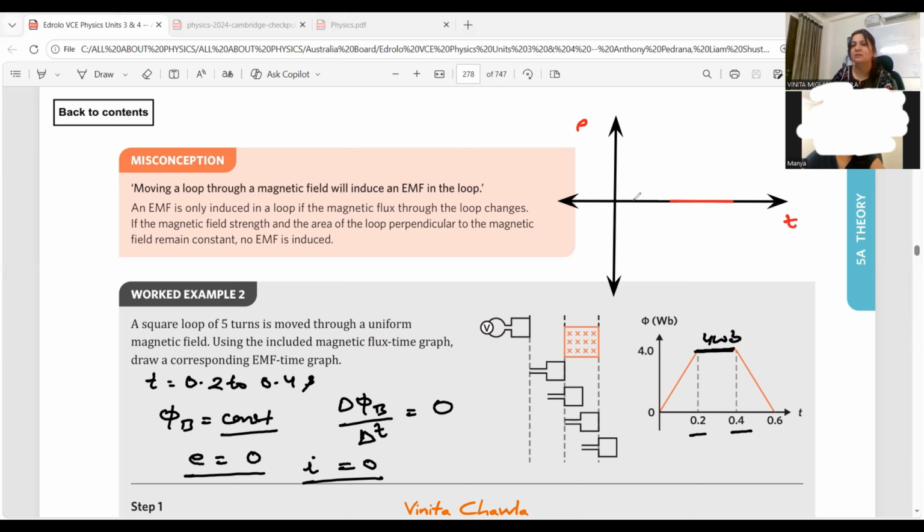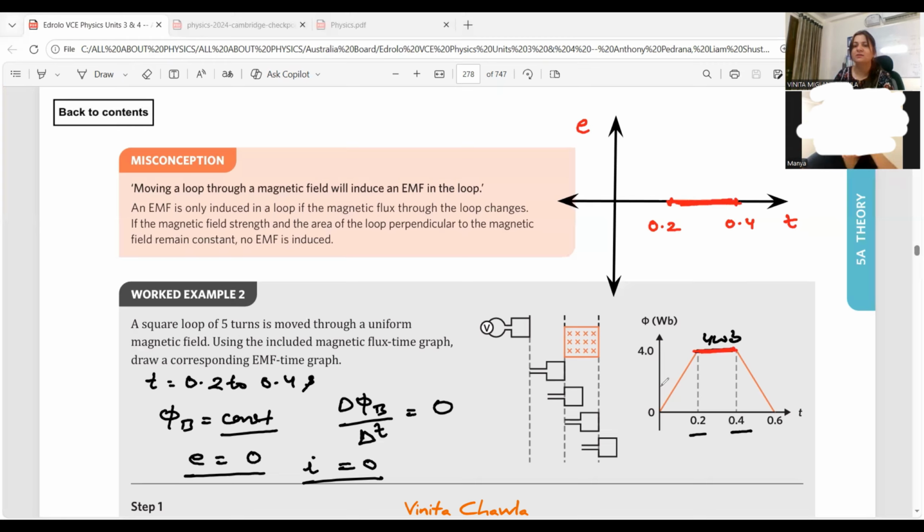Why on the time axis? Because on the time axis, E is 0. Time is your x-axis, right? Abscissa values. So we have no ordinates here on the x-axis. No ordinates means no EMF, no y coordinate, right? So for magnetic flux like this, we'll draw the induced EMF like this on the time axis.